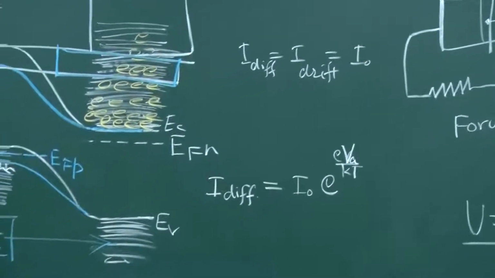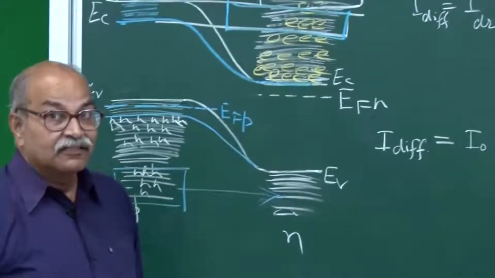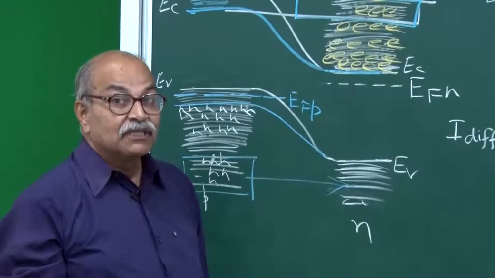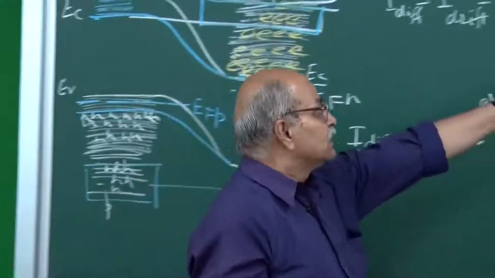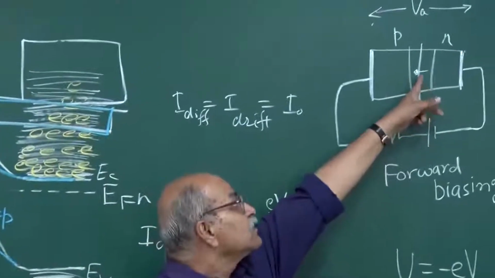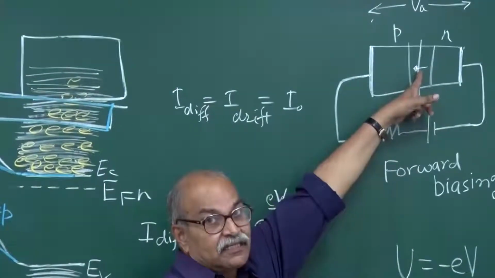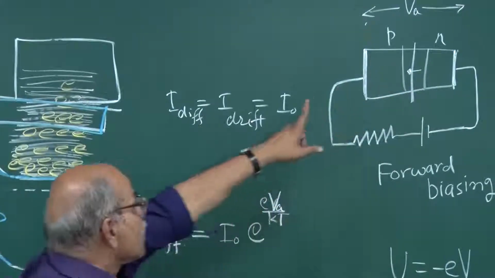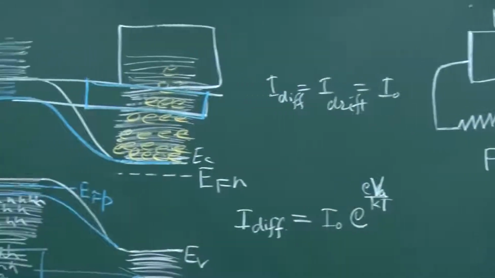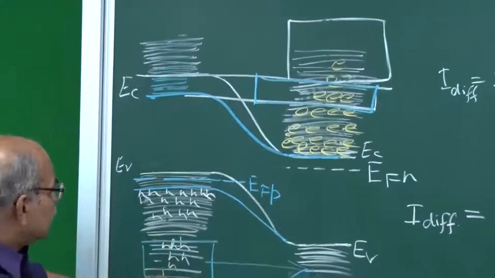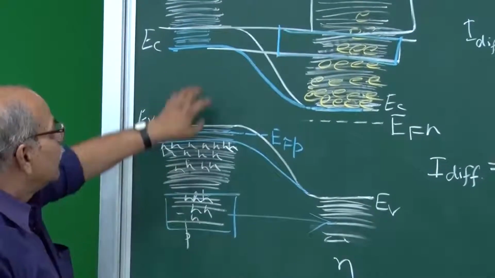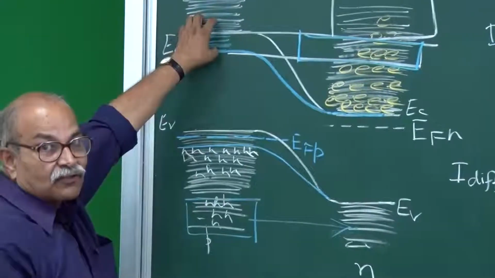What happens to the drift current? What happens to the minority carriers moving through this depletion layer under the effect of this electric field? Look at the minority carriers. On the P side, the minority carriers are electrons.